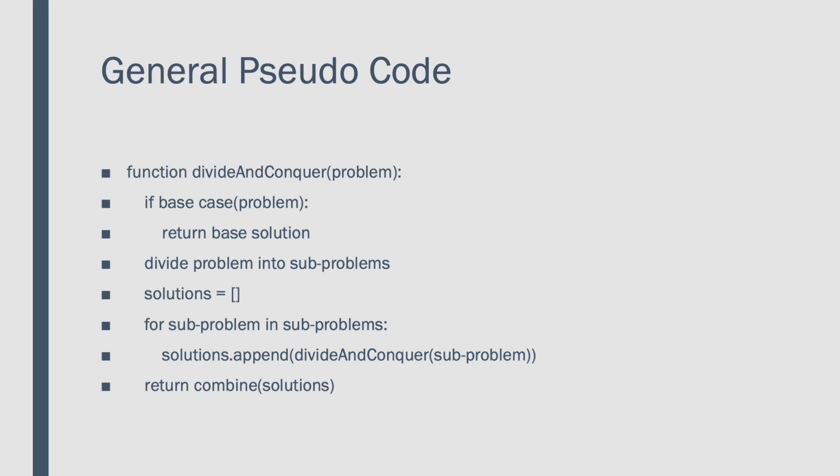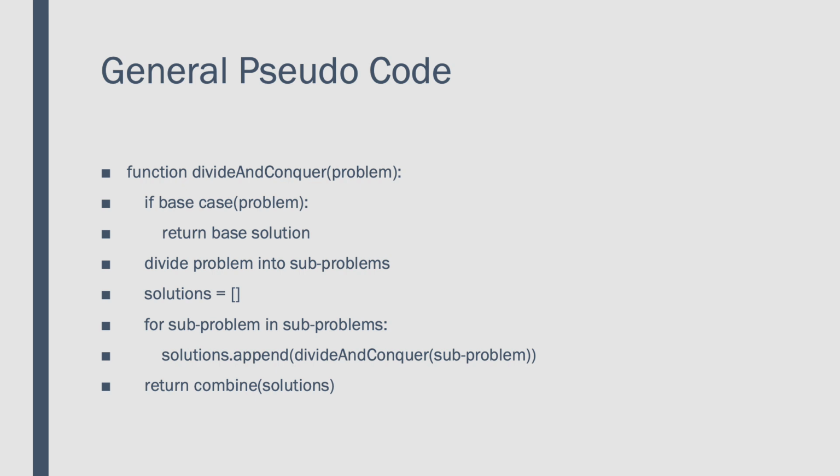We'll try to understand the pseudocode of this algorithm. This is a high-level representation of how divide and conquer works for any problem. So we'll go through a step-by-step breakdown. First of all, base case check. If the problem is small enough, return the solution directly.